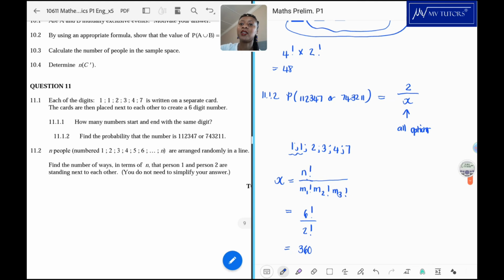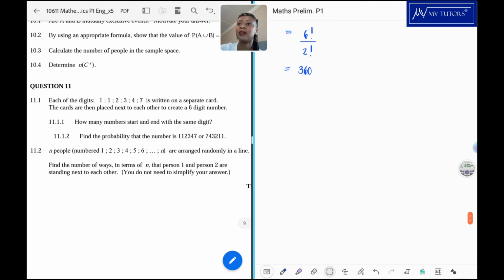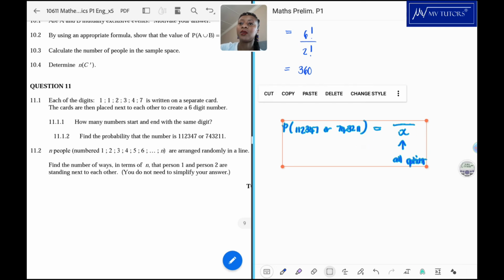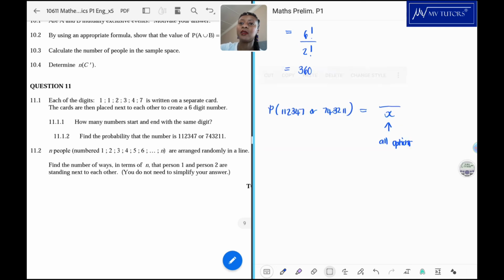Again, looking at our sum, they asked for the probability that the number is 112347 or 743211. So let us do that.